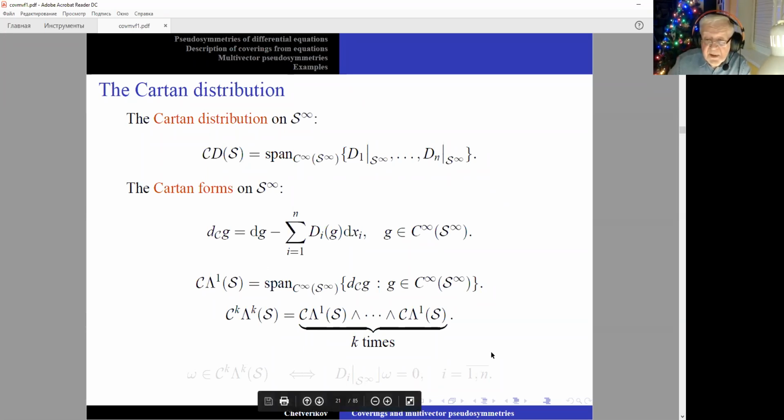Note that the elements of this module are uniquely determined by this condition.